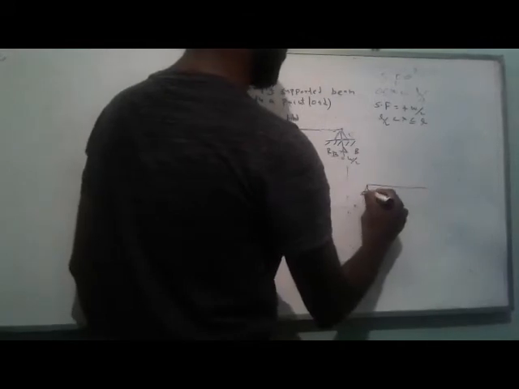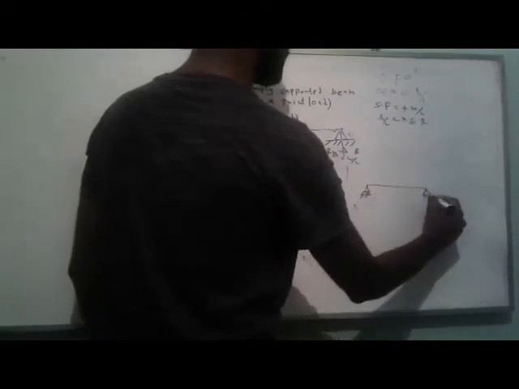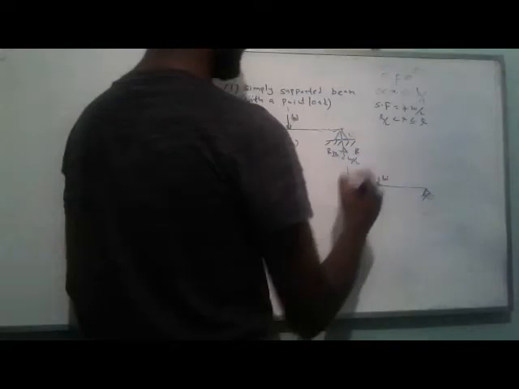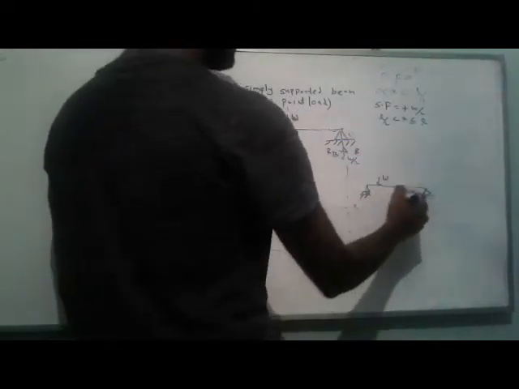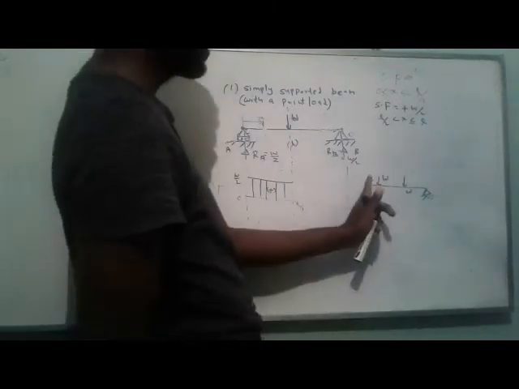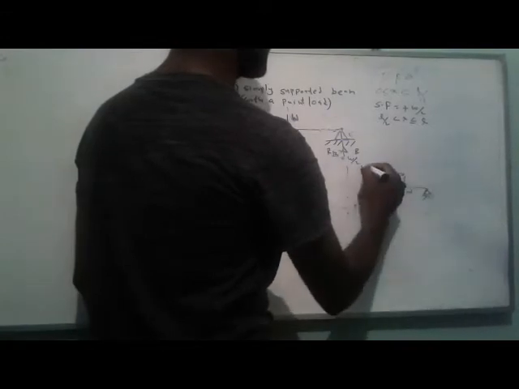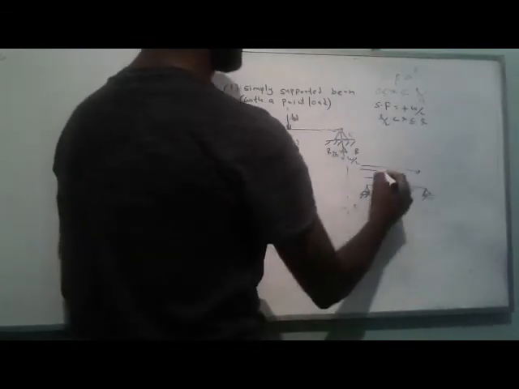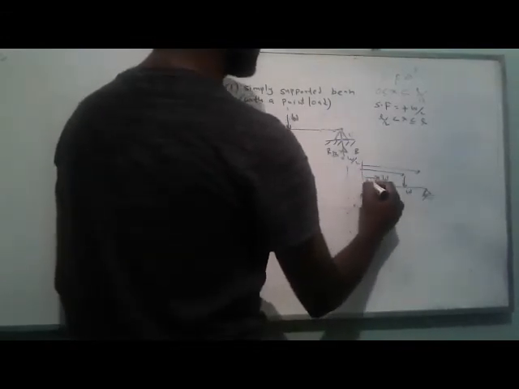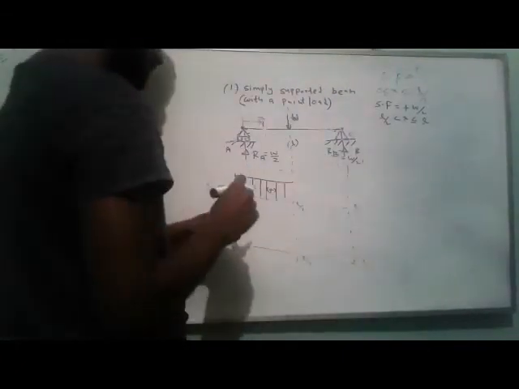Let's consider now, if you are having a simply supported beam like this, with one W here and another W here, you have to divide this into three sections. This is one section, this is the second section, and this is the third section. You have to measure X from here, here, and here as well.